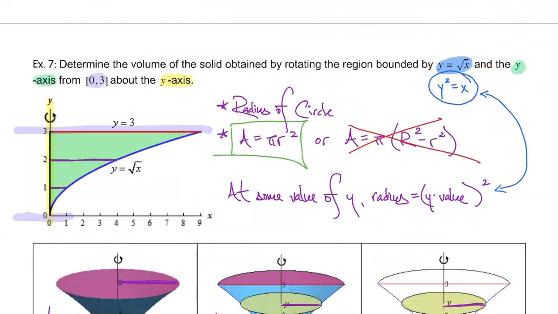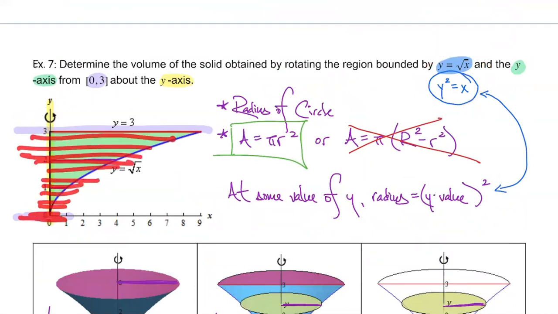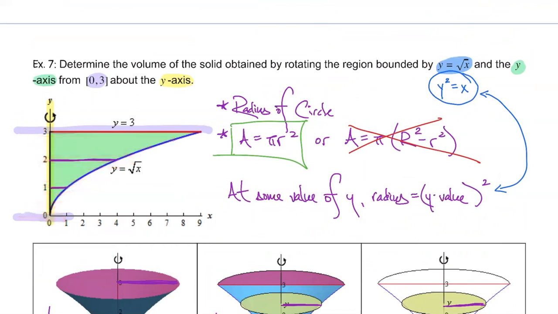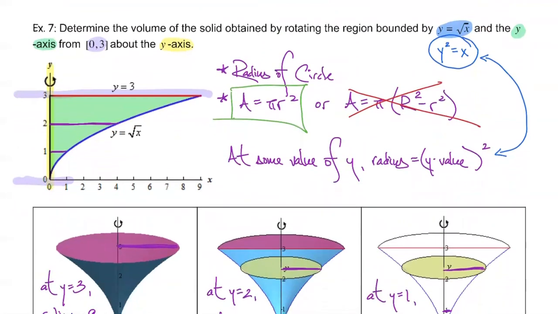We might realize, oh, we need to use dy. So in order to use dy, I have to do something with this equation. I have to get it to be x equals. All right. So I say this because we all have different strengths, and accessing these problems is all about finding your strength and how you can use that to answer the question. Okay.